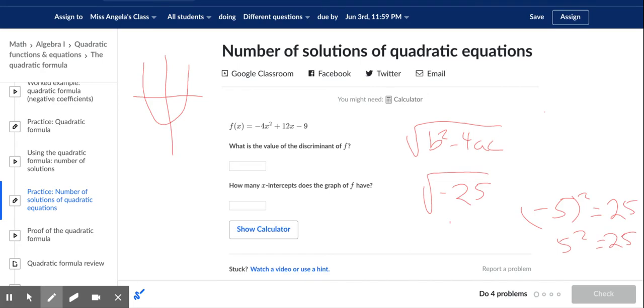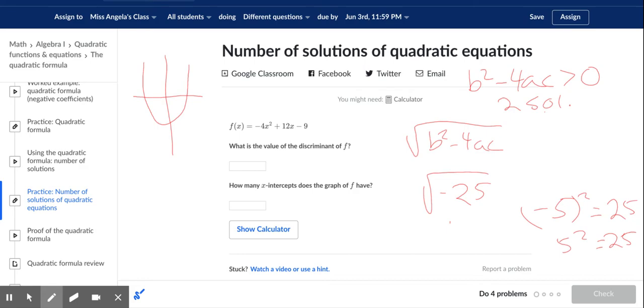So if b squared minus 4ac is greater than 0, I have two solutions. It's greater than 0, positive, right?